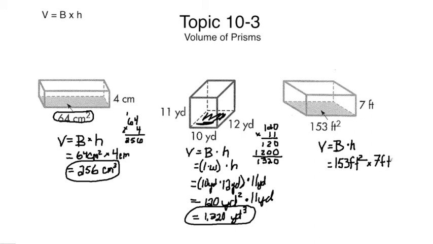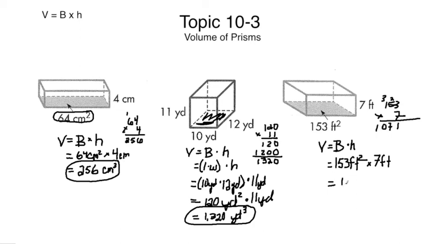And now we chug. So we need to find out what 153 times 7 is. 7 times 3 is 21. Carry the 2. 7 times 5 is 35, plus 2 is 37. Carry the 3. 7 times 1 is 7, plus 3 is 10.